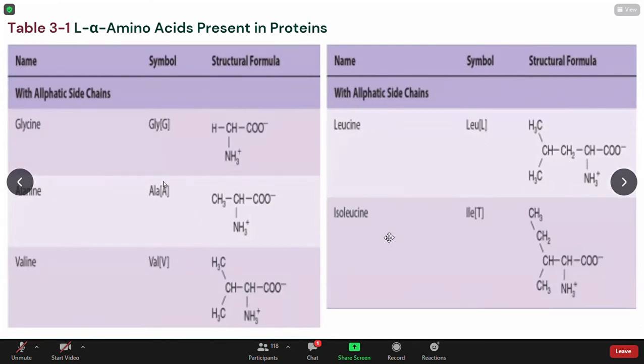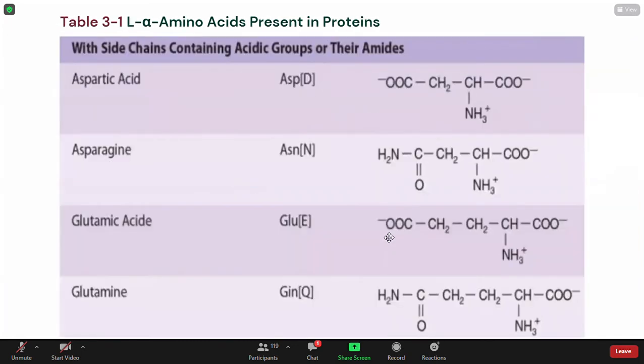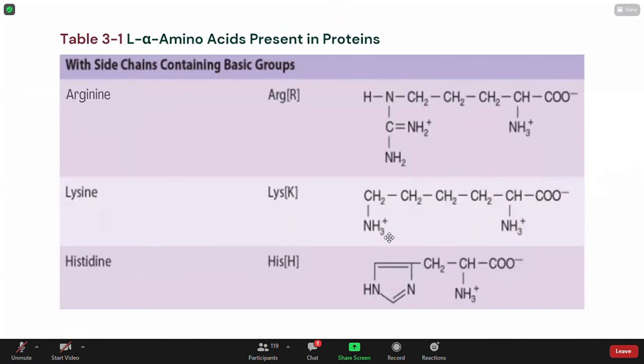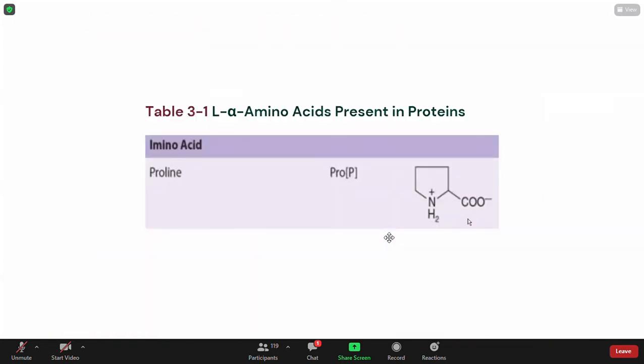Lysine K, alanine A, valine V, leucine L, and isoleucine I. No? Okay. So those are your amino acids.